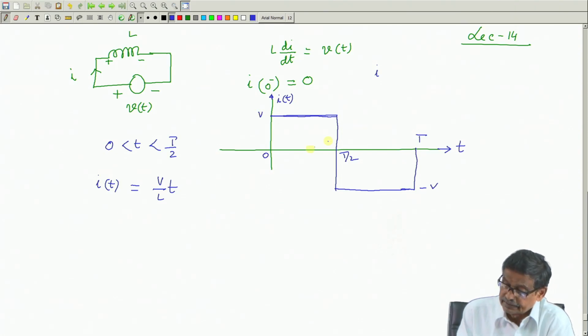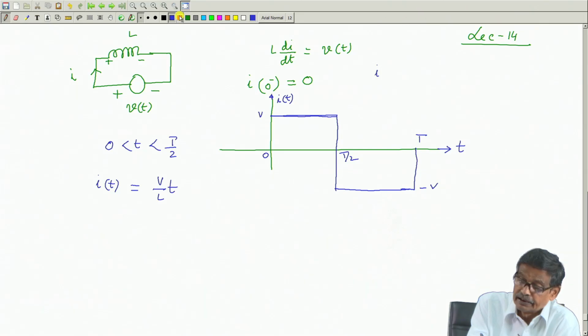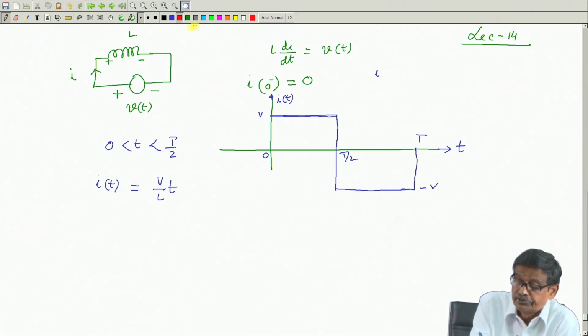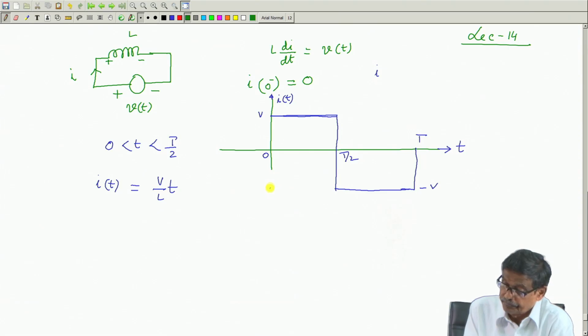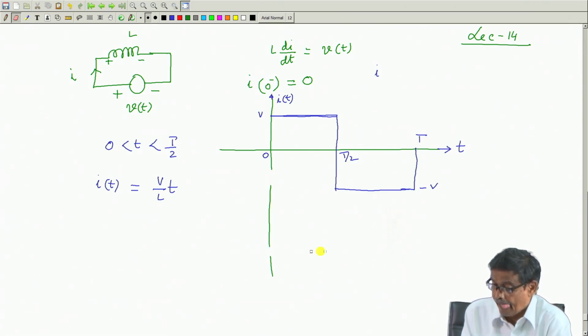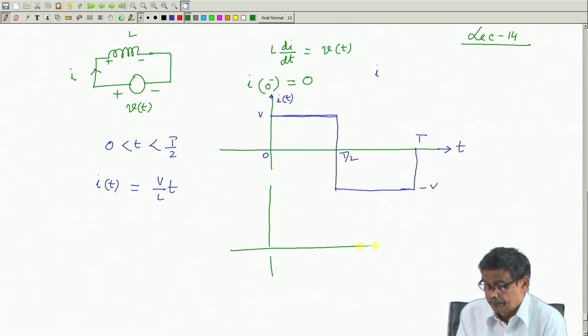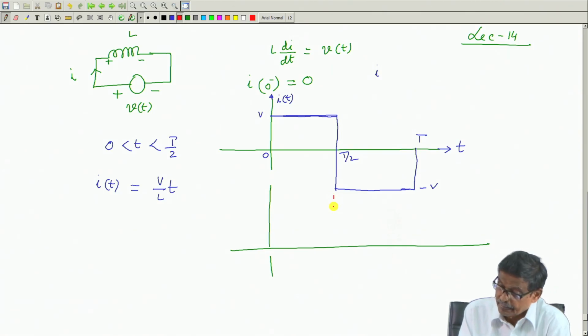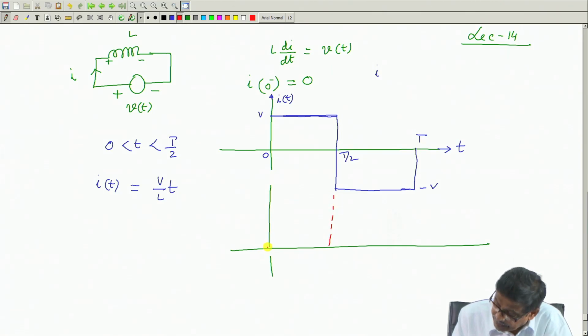It will increase in the form of a straight line. And where will it start? Initial current was 0, so it will start from 0 and increase like a straight line.